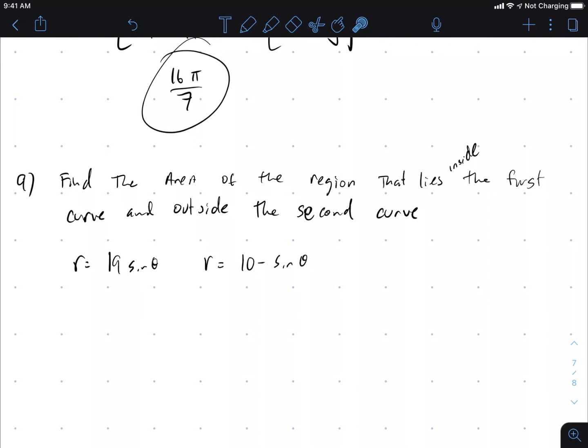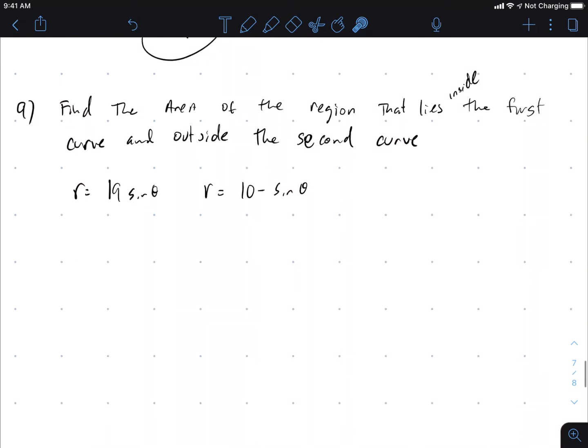Okay. But because they're both polar, we need to remember its area is 1/2 r squared. So we have to take the area of each and subtract.